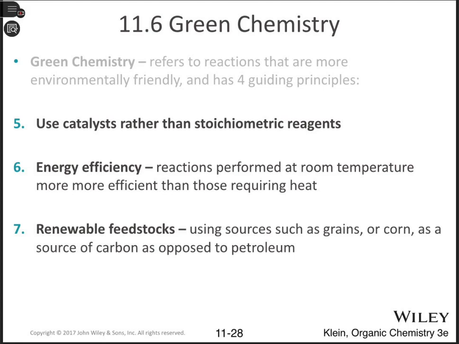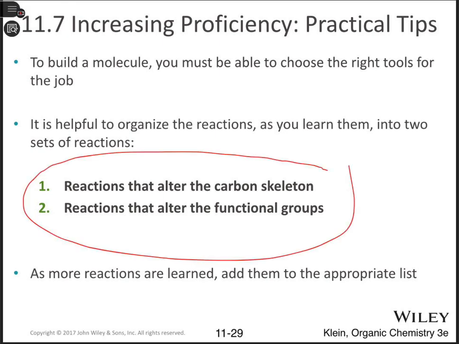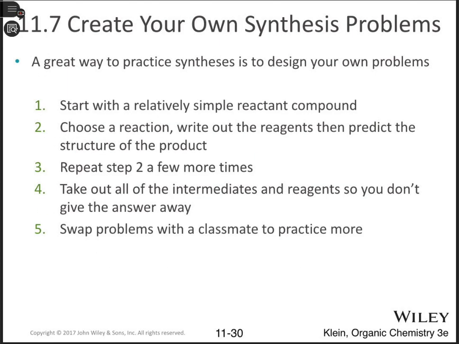You can convert corn into gasoline or ethanol that they add to gasoline, so you can get a lot of chemicals that are renewable. So again, when we do a reaction, make sure you look at the skeleton, whether it changed, and see what happened to the functional group, whether it changed, and if it also changed the location.